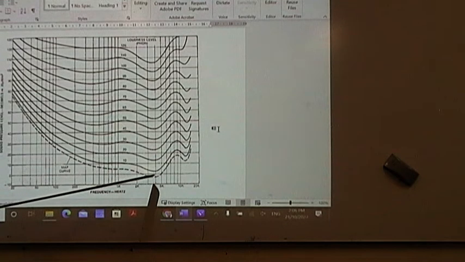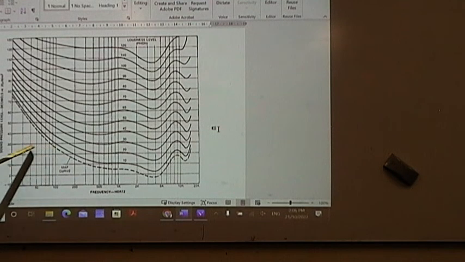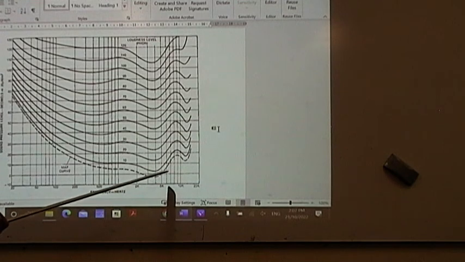But if the same intensity sound is at 100 hertz, we will not hear this sound. This sound has to be at about 25 decibels for us to hear. We have the best hearing in the area between approximately 500 hertz and about 6 kilohertz.